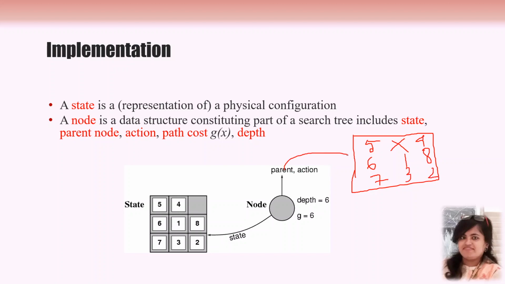Suppose this is the parent. From this parent we are moving to this child. What is the action we are taking? The action is moving the blank space towards the right side. This was the blank space, and if we move it towards the right side, we come up with this.